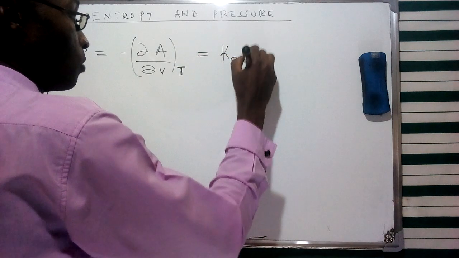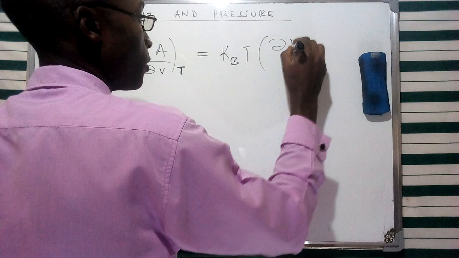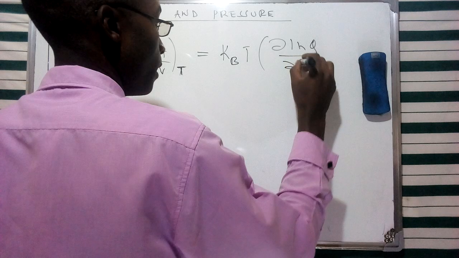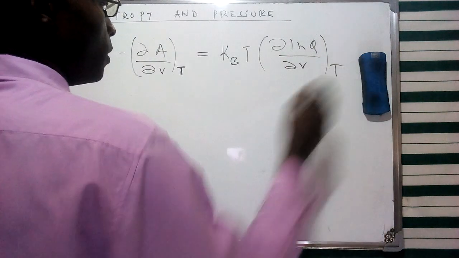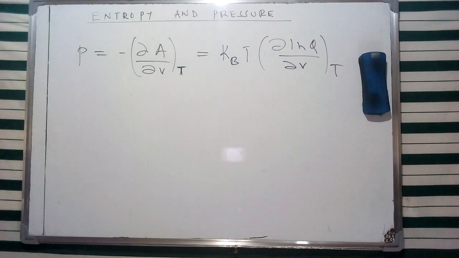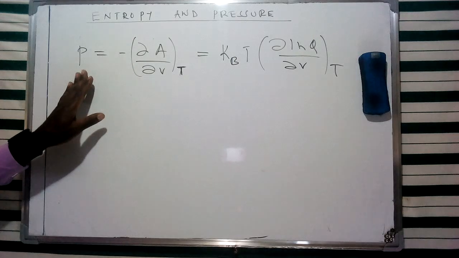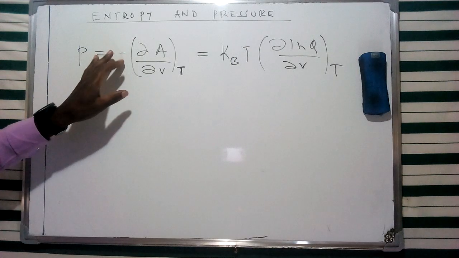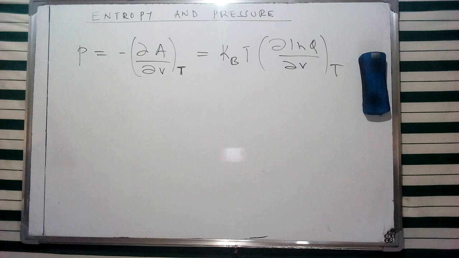So we're going to have this one as kBT, and this is going to be the natural log of Q, derivative with respect to volume, under constant temperature. So this is going to be the partition function representation of pressure, considering the equation that connects molar free energy to pressure using this specific relationship.